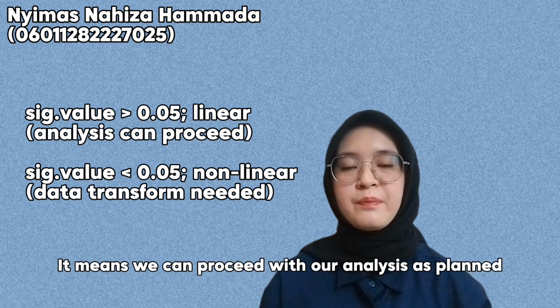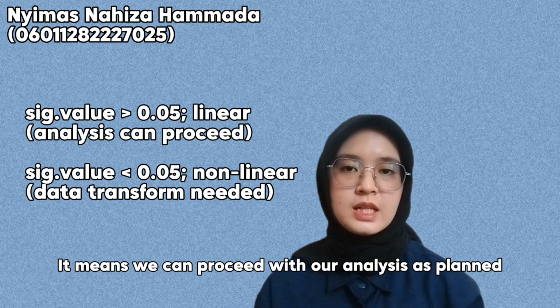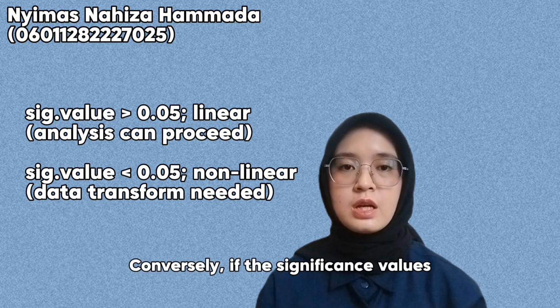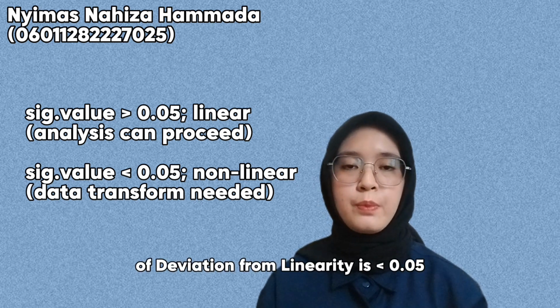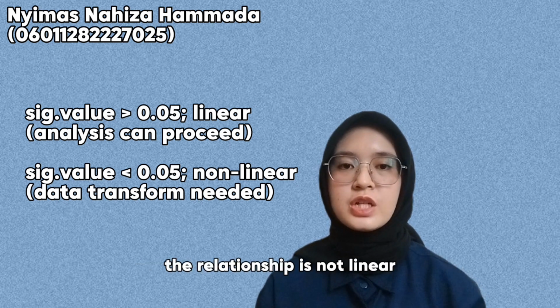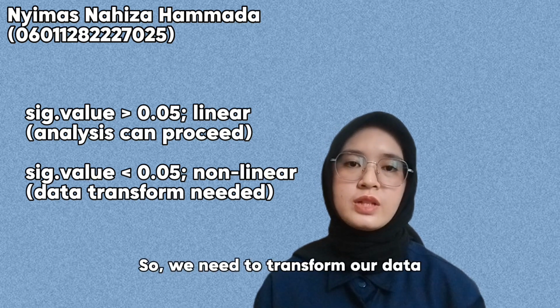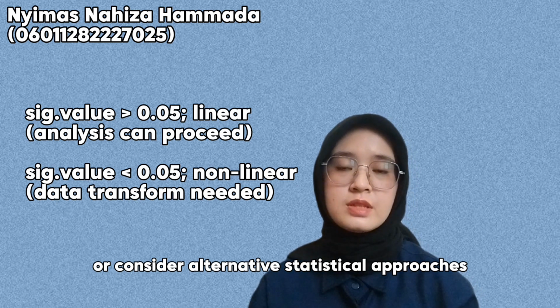It means we can proceed with our analysis as planned. Conversely, if the significance value of deviation from linearity is less than 0.05, the relationship is not linear. So we need to transform our data or consider alternative statistical approaches.